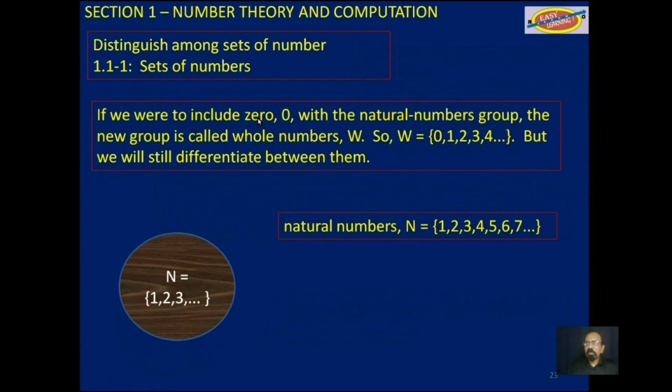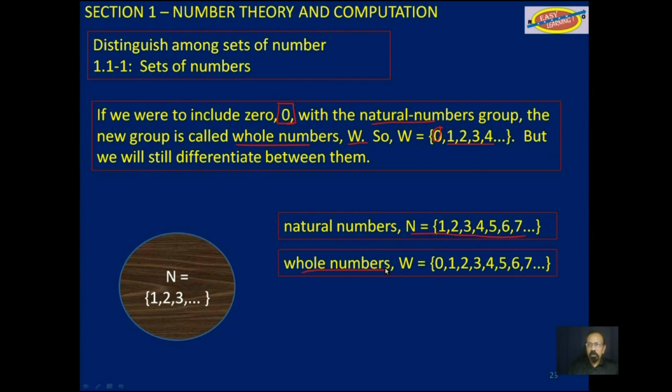Now, if we were to include 0, which is extremely important in our calculation, with the natural numbers, then we now have the whole number group, which includes 0 plus the natural numbers. So the natural numbers, again, are counting numbers.